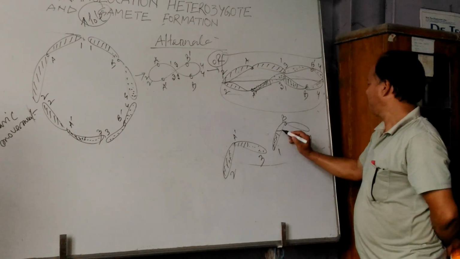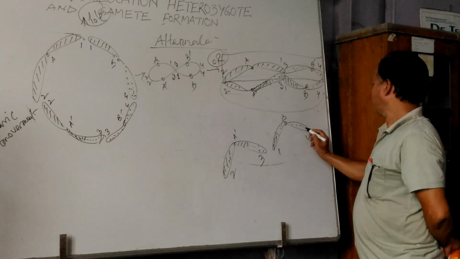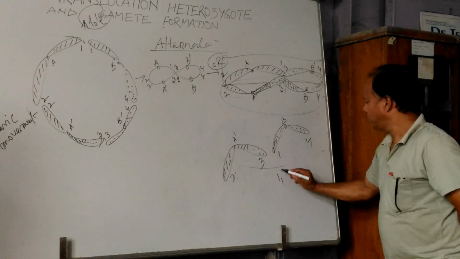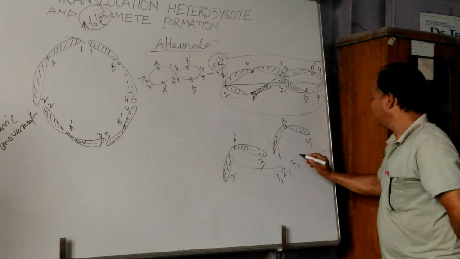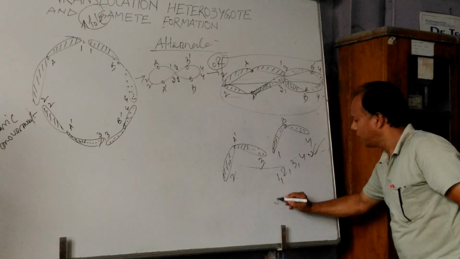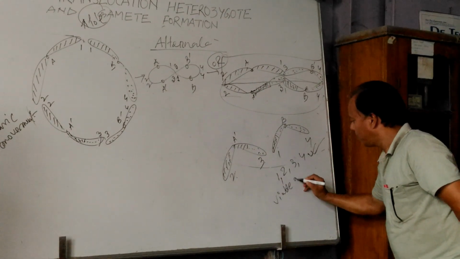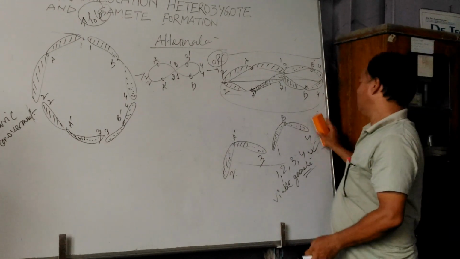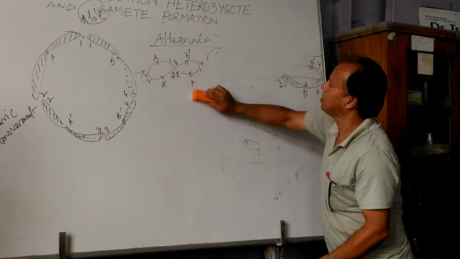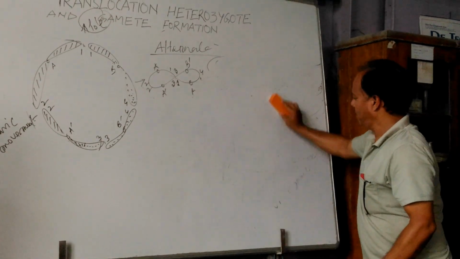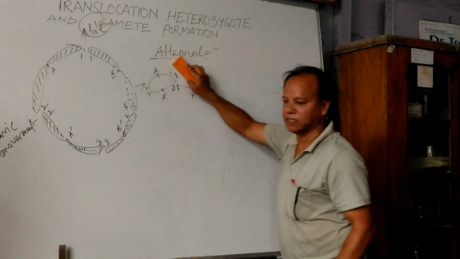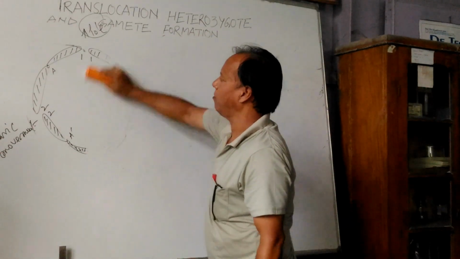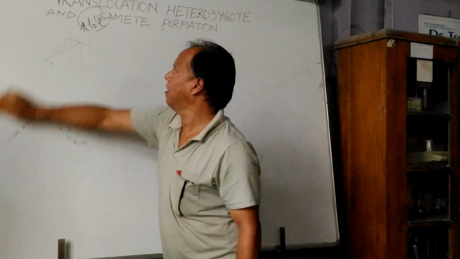That is, there is no deletion as well as no duplication. So the gamete is viable. So by means of alternate segregation, viable gametes are produced, but by means of adjacent 1 and adjacent 2, non-viable gametes are produced.